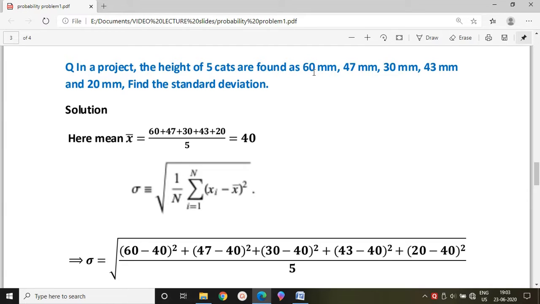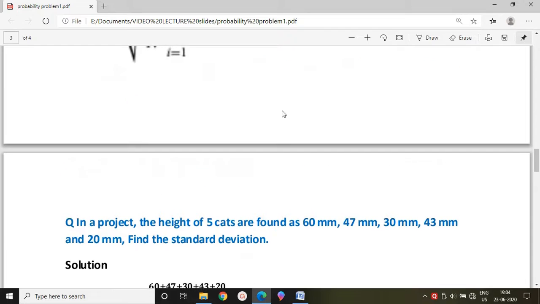This 60 you can call x1, 47 you can call x2, x3, x4, x5. So you sum up all these 5 values, and how many values are there? 5. Divided by 5, you will get the mean. So that is how mean or arithmetic mean or average is calculated for a set of data.